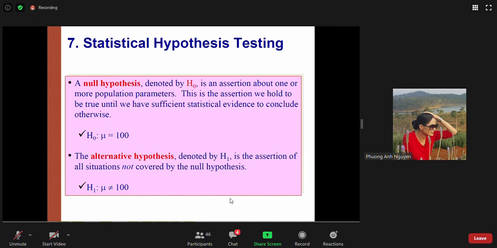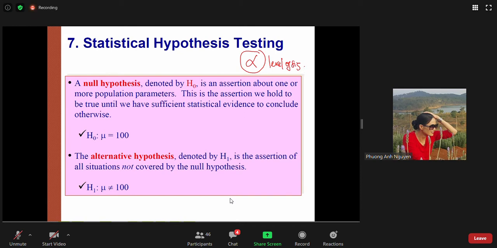For hypothesis testing, first of all, we test with a significance level, which we often call alpha. Often we want alpha to be small.